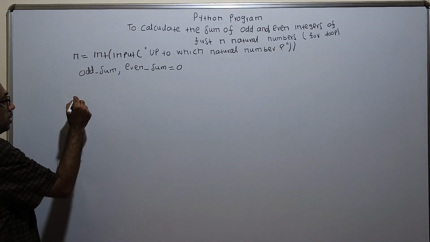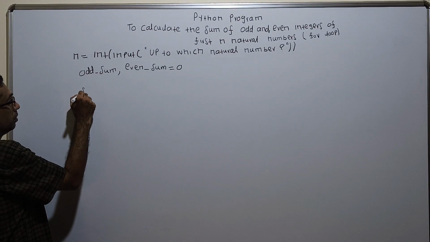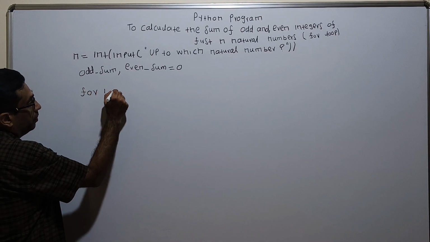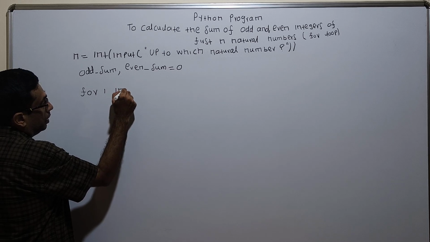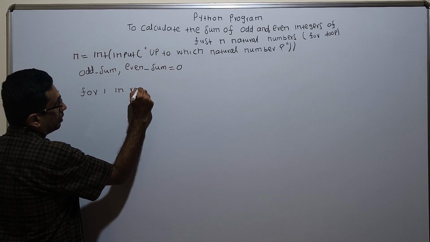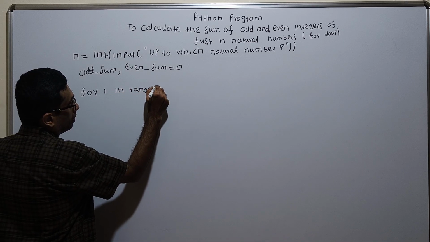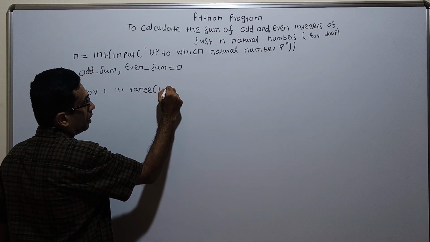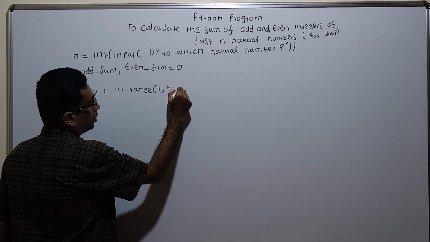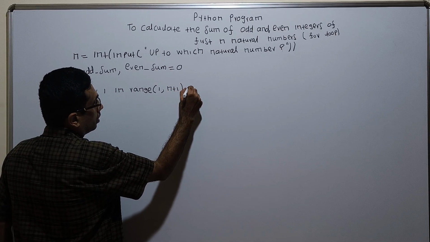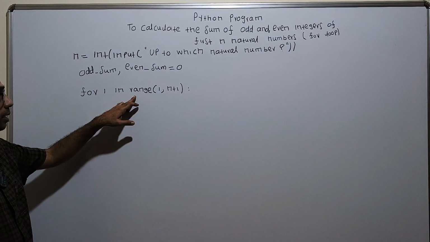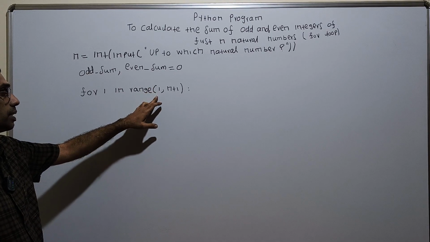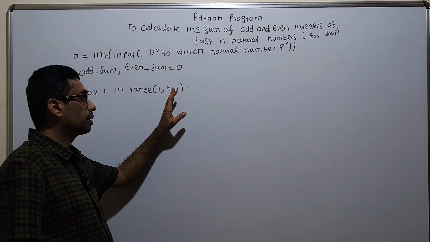Here I am writing a for loop. for i, where i is a loop variable, in range(1, n + 1): The range function generates a list starting from the first number and up to the last number minus 1.